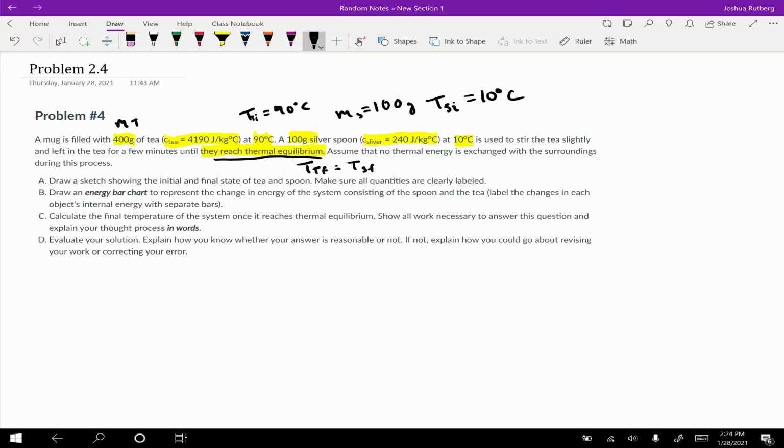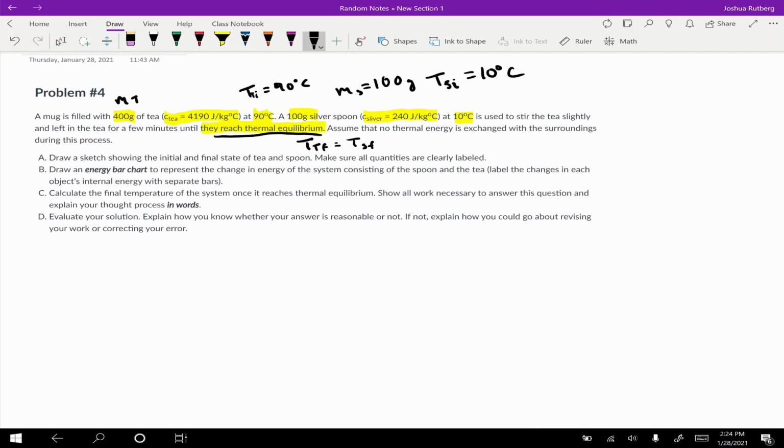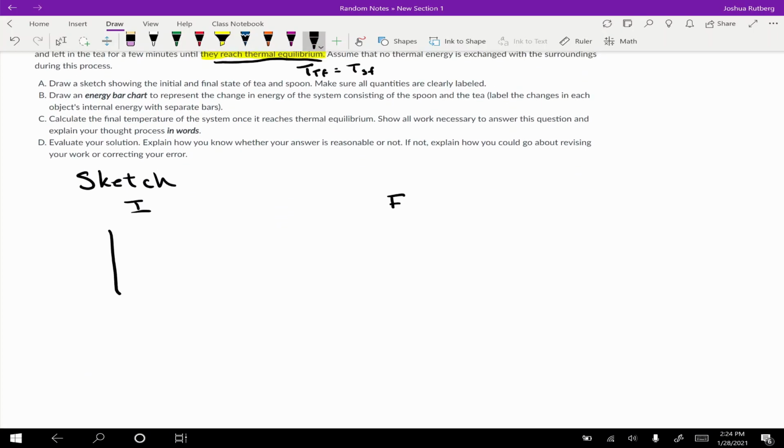So let's draw our sketch. We're going to have our initial state and our final state. So here is our cup. There is my spoon. We have the mass of the silver is 100 grams.